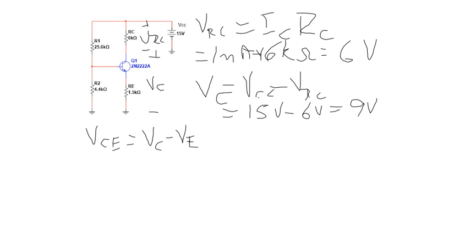It's the difference between the two point-to-ground voltages with the same subscript. So that's 9 volts. VE was 1.5, and that gives me 7.5 volts. And again, that's exactly half of the cutoff voltage, like we wanted, just like our current was half of the saturation current, just like we wanted.